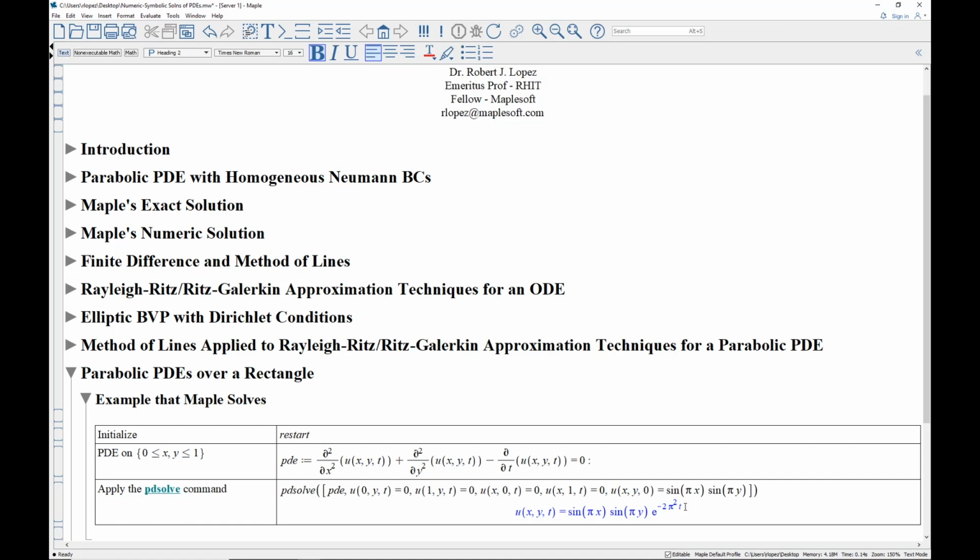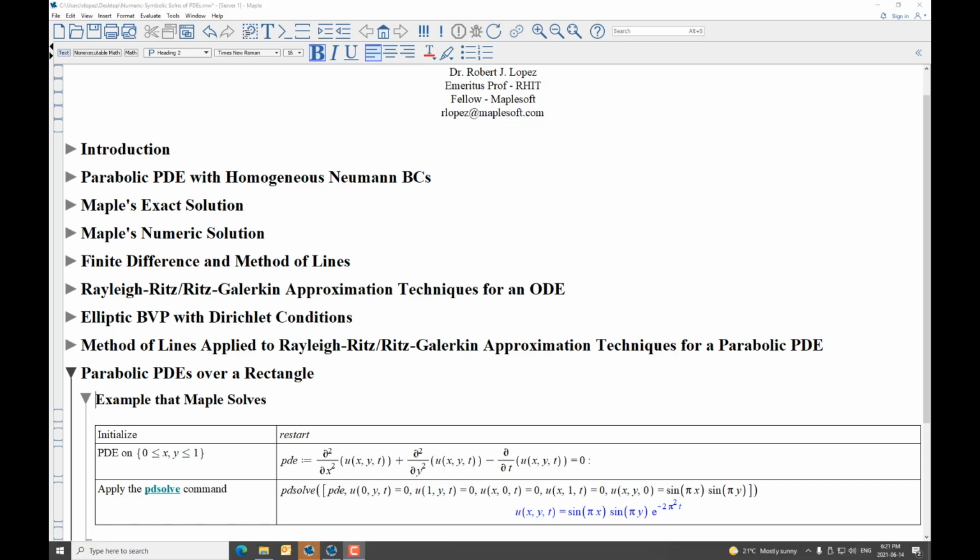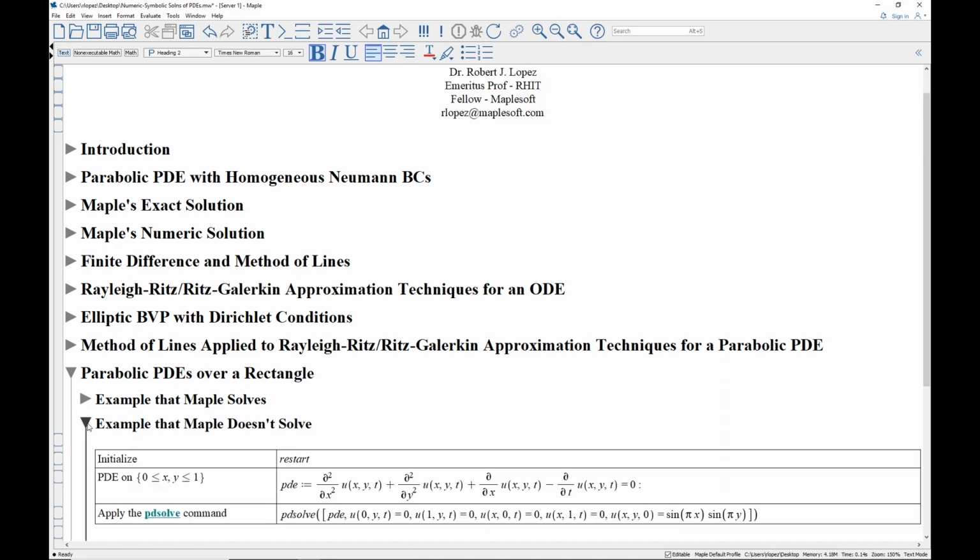Maple solves that problem. Now, what about a problem that Maple doesn't solve? Let's take a look at that one. If I simply add a first derivative term and make no other change, Maple returns null for this problem. It can't solve this problem. So there is definitely a need for approximation techniques if you're working in Maple.